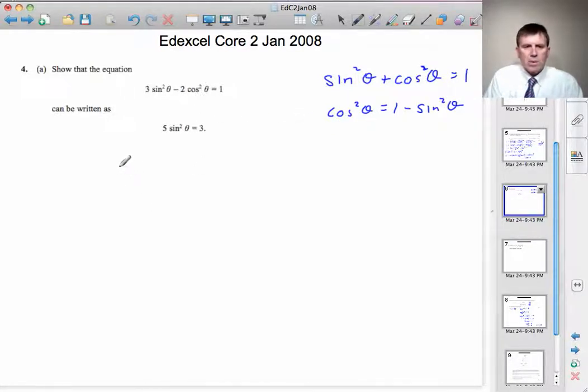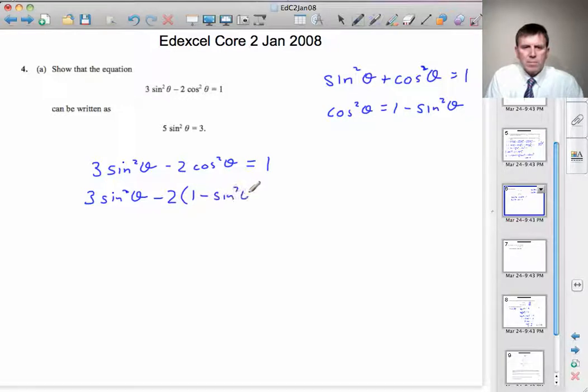So we have 3 sine squared theta minus 2 cos squared theta equals 1. 3 sine squared theta minus 2, and instead of cos squared I'm going to write 1 minus sine squared, is equal to 1.